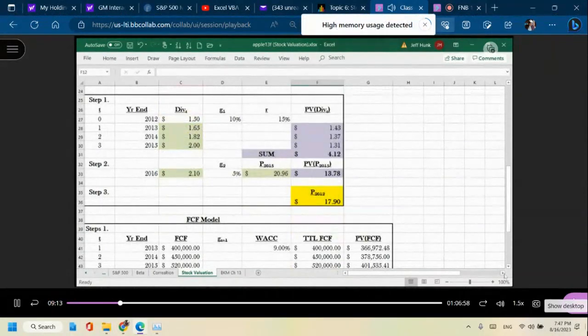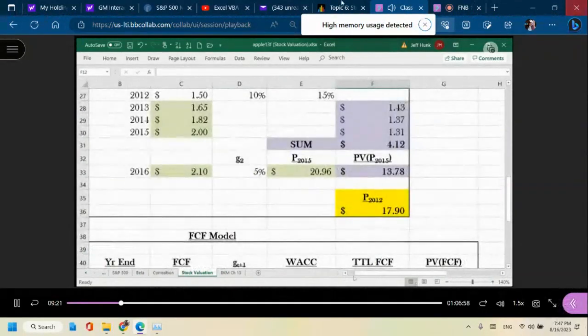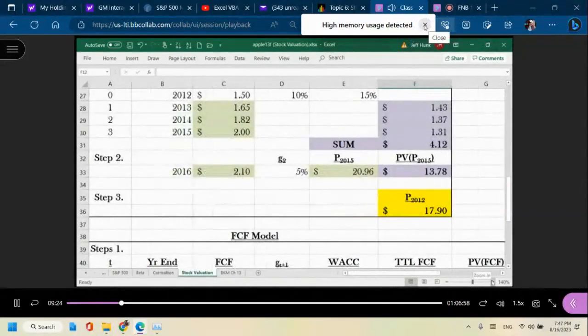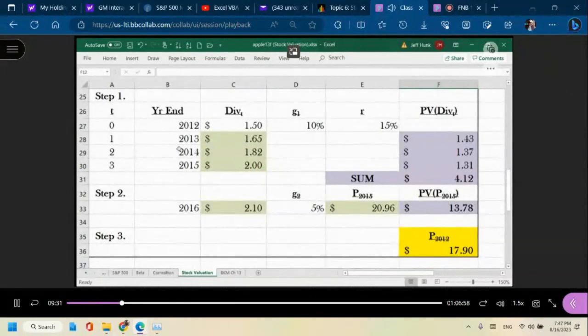Let me blow it up a little. It's a variable growth model. It's actually a two-step model. Why? First, the most current year is 2012, and the most current dividend is $1.50. It's time 0.